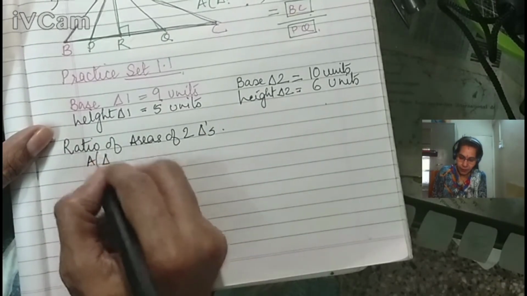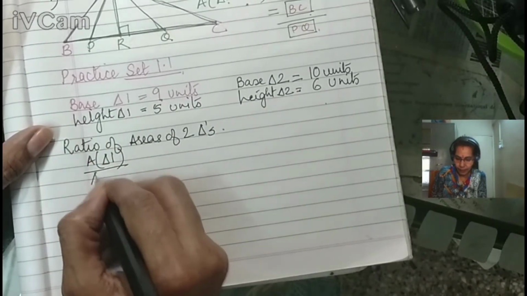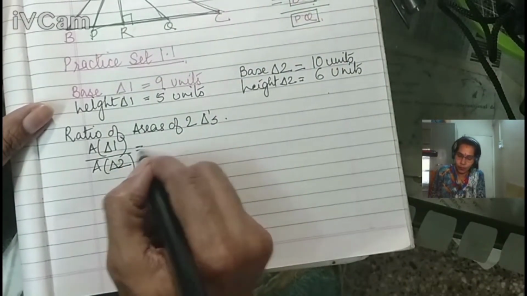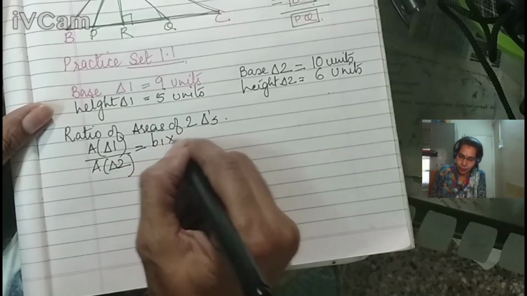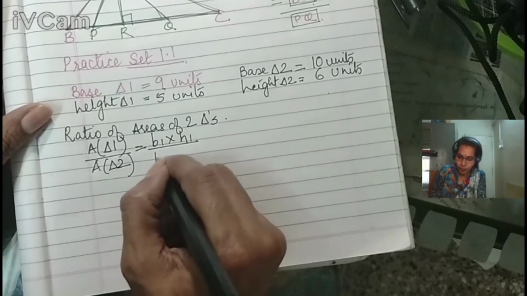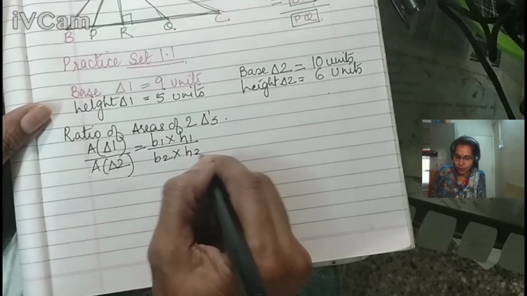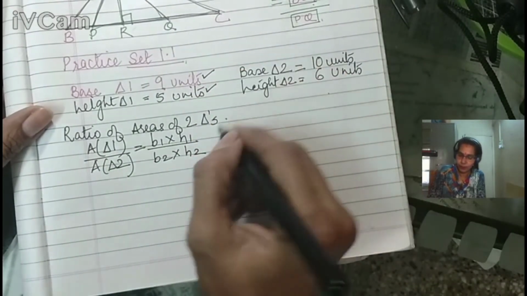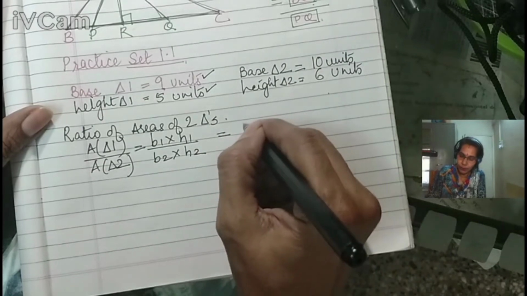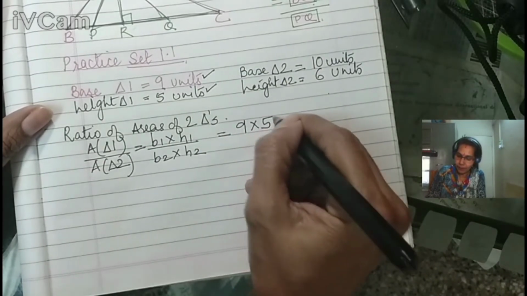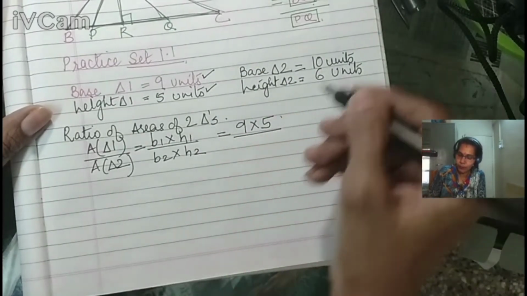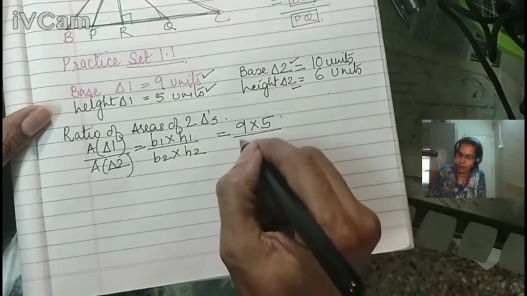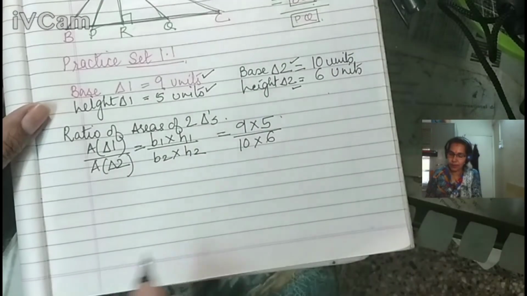Area of triangle 1 upon area of triangle 2 is equal to B1 into H1 upon B2 into H2, which is equal to 9 multiplied by 5 upon 10 multiplied by 6.